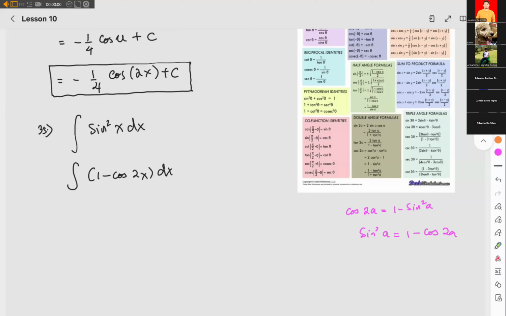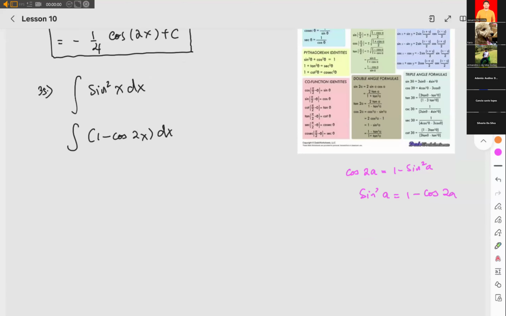Now, will that work? Probably. So let me just split it again: the integral of 1 dx minus the integral of cos of 2x dx. Now this becomes easier. For this term, you just integrate directly. The integral of 1 is simply x. Now, in this one, this is where the trick comes in.